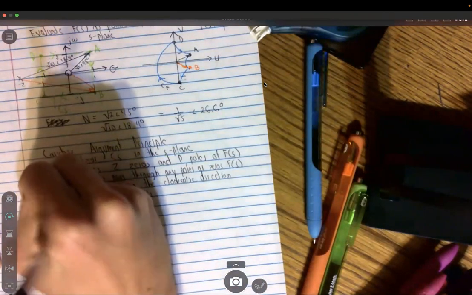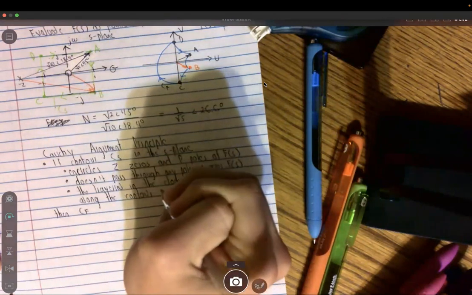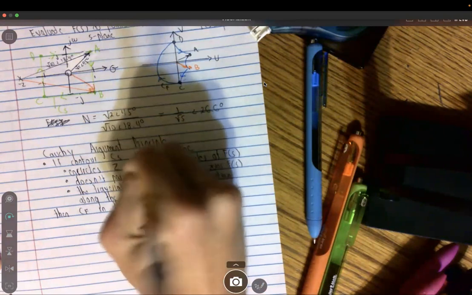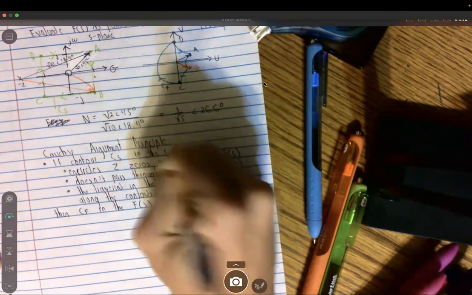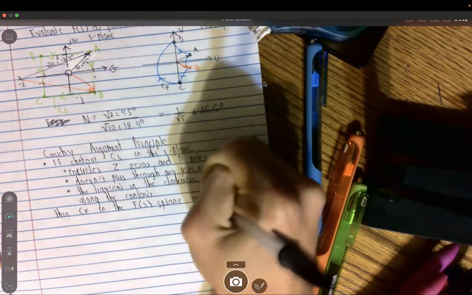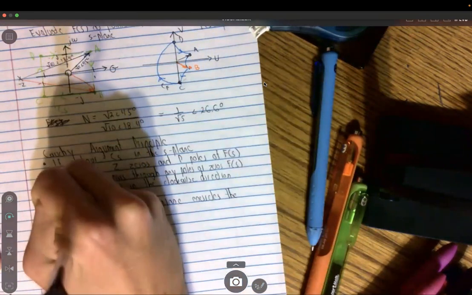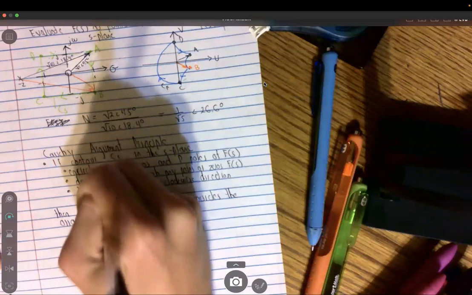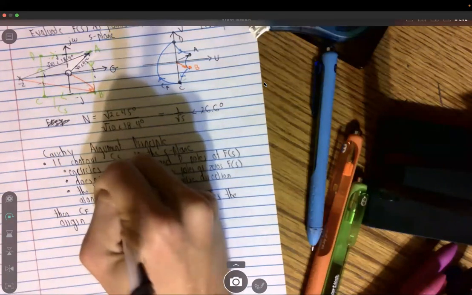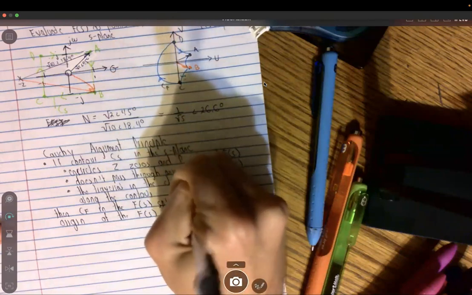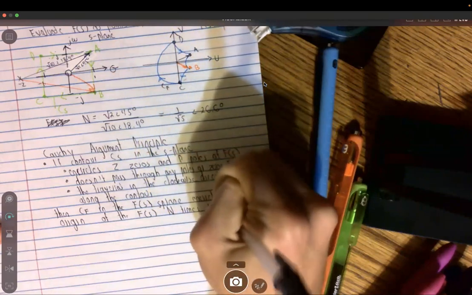Then C of F, which is the contour in the f of S plane, encircles the origin of the f of S plane n times in the clockwise direction.